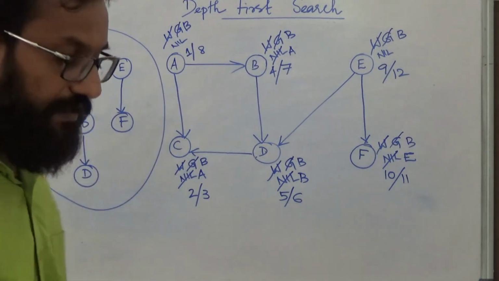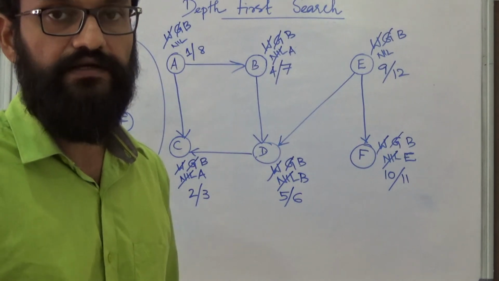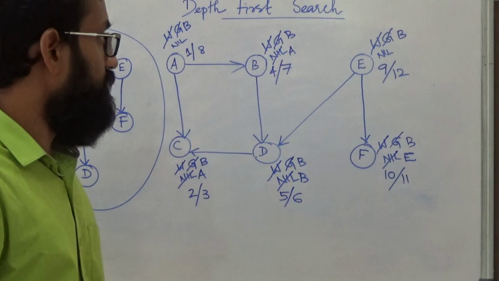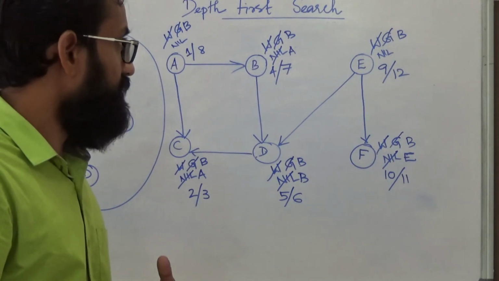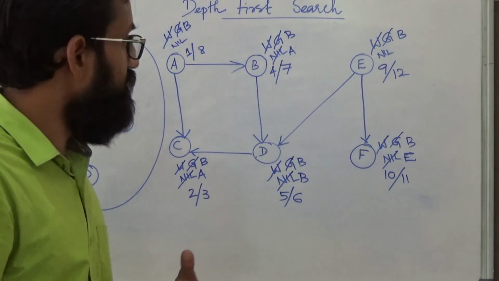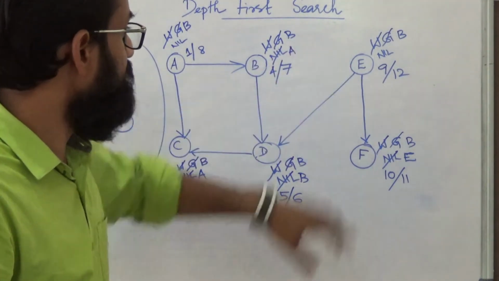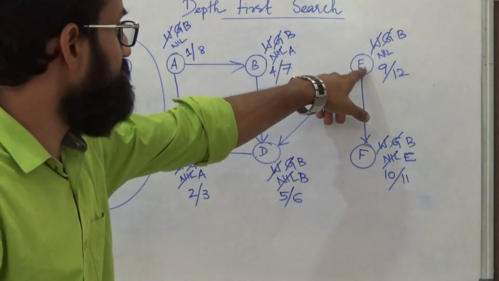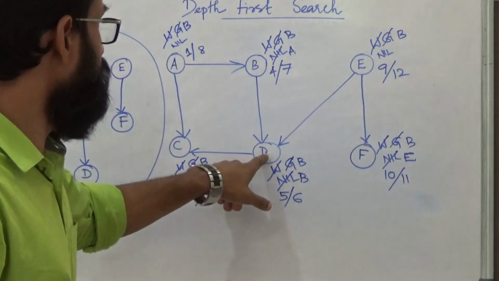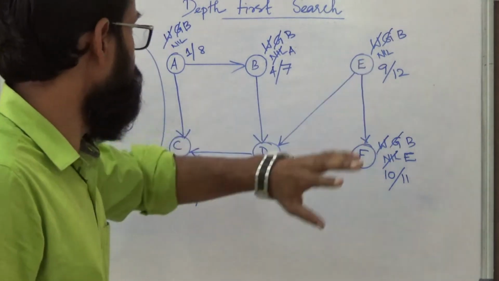Again, this is not the unique depth first forest generated during DFS traversal. You can verify, or try to work out this algorithm starting from vertex E. If you start from vertex E, you can go to F, backtrack to E, then you can go to D. From D you can go to C, backtrack to D, backtrack to F, terminate.